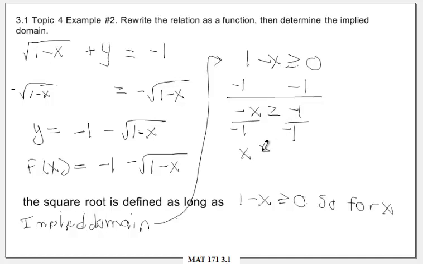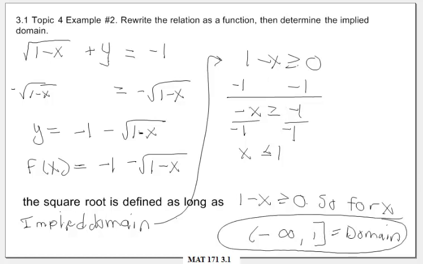X must be greater than or, nope, we flipped the inequality, don't we? Because we divided by a negative number. So we're going to have to flip that to less than or equal to 1. So our domain is actually going to be negative infinity to 1 with a bracket equals the domain.